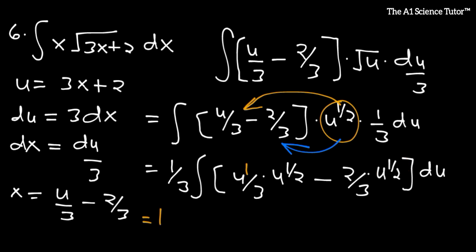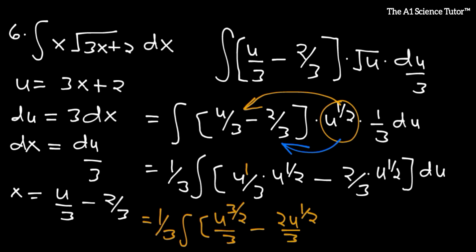So you should have something like this. So this is going to be u to the 3 halves over 3. And here we have negative 2 u to the half divided by 3. This is du. So that is basically what we need to work.